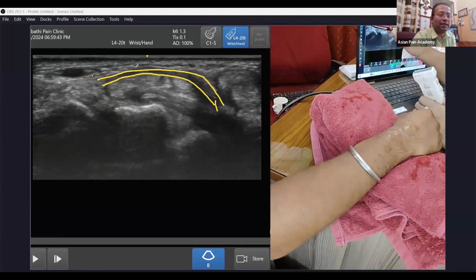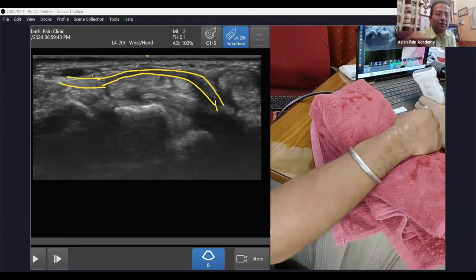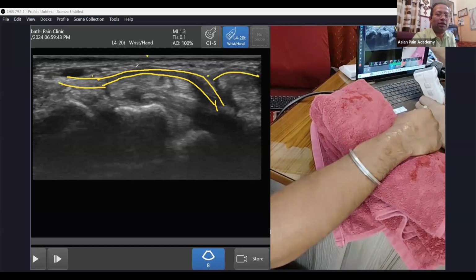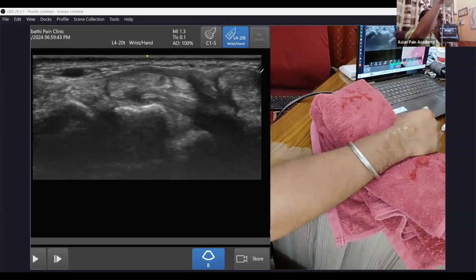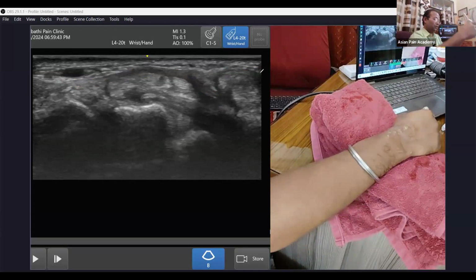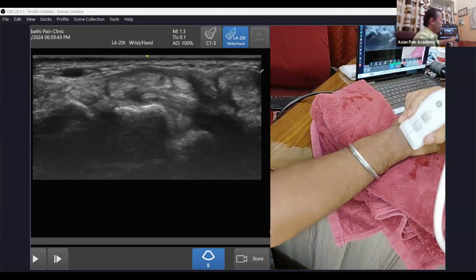This extensor retinaculum actually has multiple sleeves which come and join different bones. Here also extensor retinaculum. These are extensor retinaculum only. So you see, you will understand that it is a different structure.